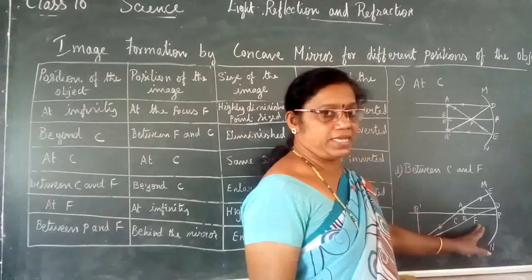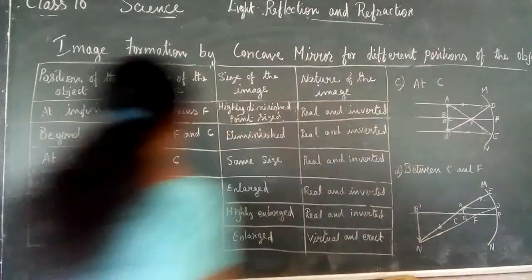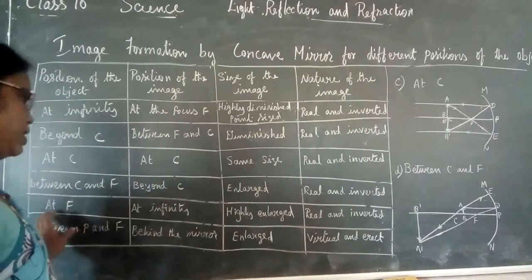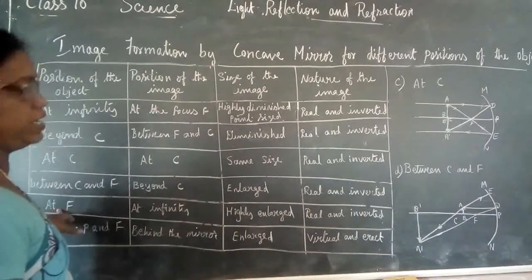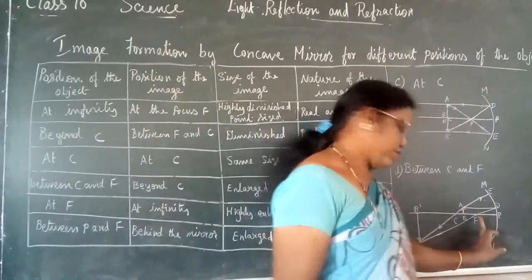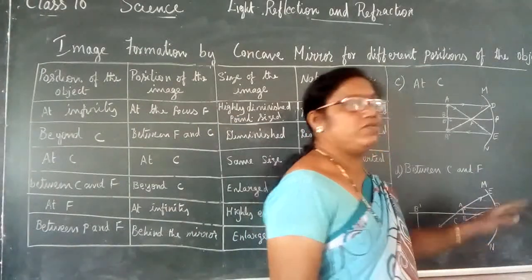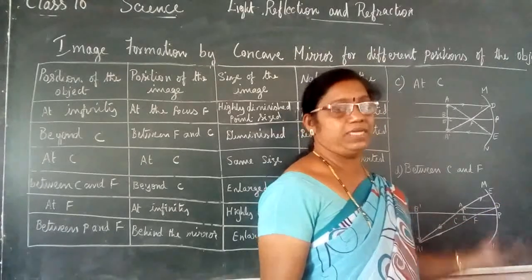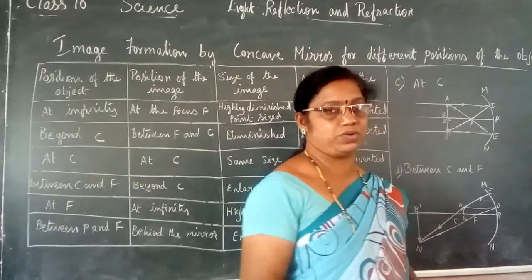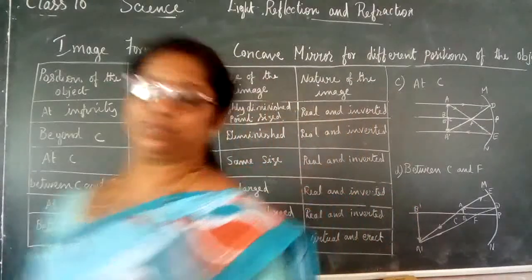The last case is, not last, the previous one, when we keep the object at F. If you are going to keep the object at F, what type of image are we going to get? Let us see.